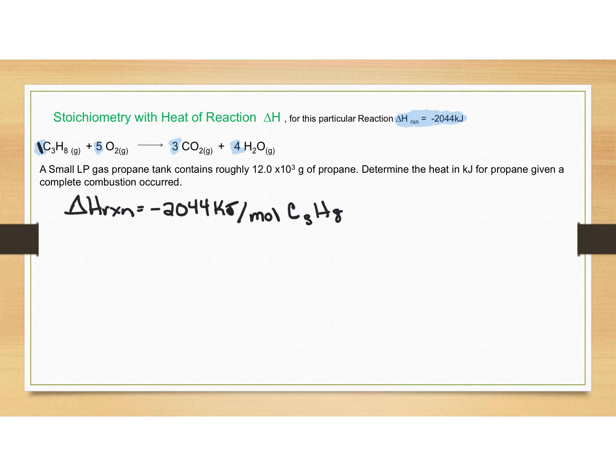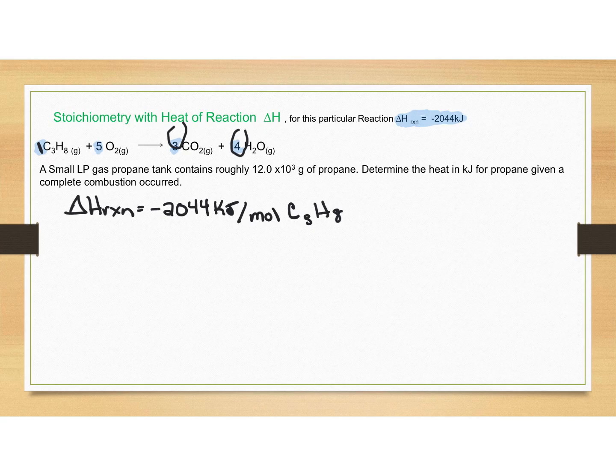If I was to look at the H2O or the CO2, right, I would have to use those with the appropriate moles. So in other words, I would take the 2044 kilojoules and divide it by the 3 moles of CO2 or the 4 moles of H2O. So those are specific for those particular types of problems. But in this case, since propane just has 1 out in front of it, I know that the heat of reaction given off is roughly 2044 kilojoules.